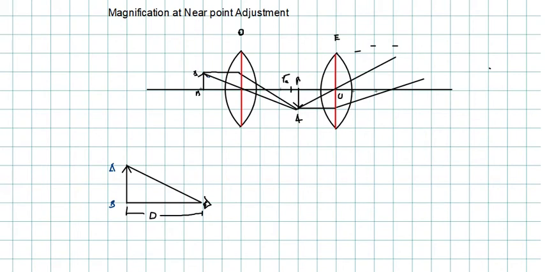So if I now extend these lines up to this far, here you see the final image is formed. This is the final image, A double prime B double prime.